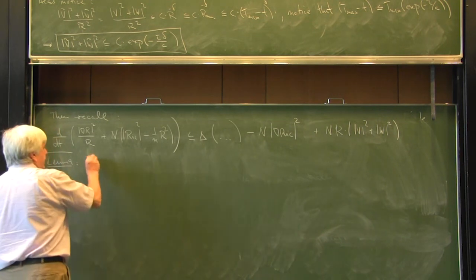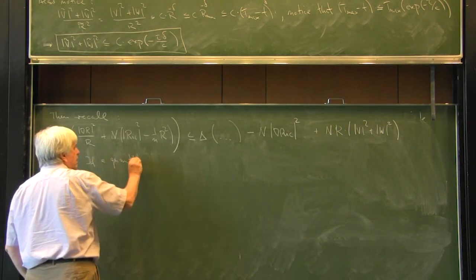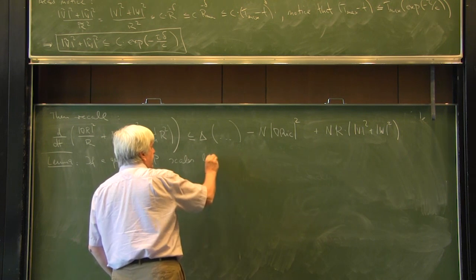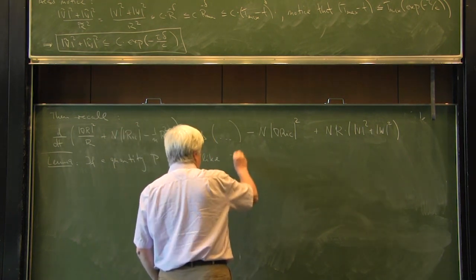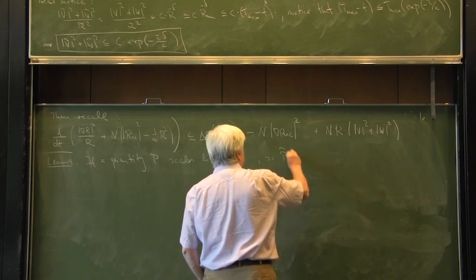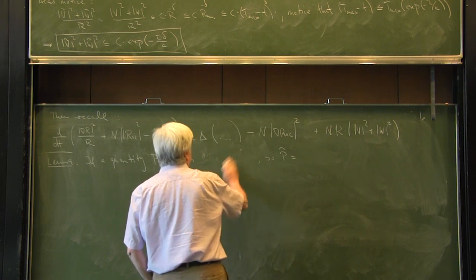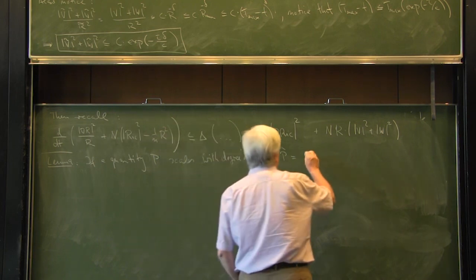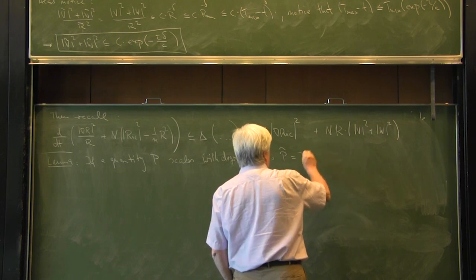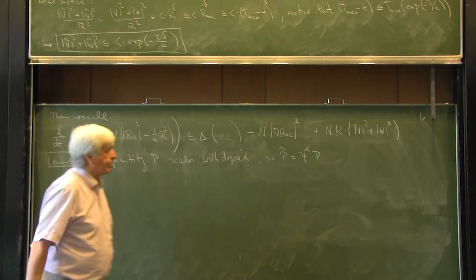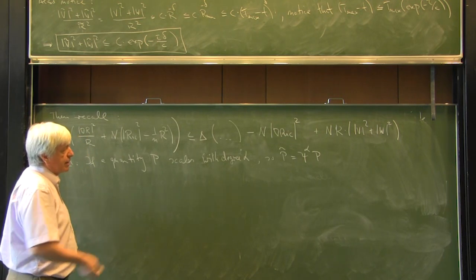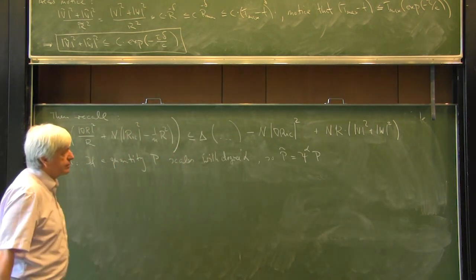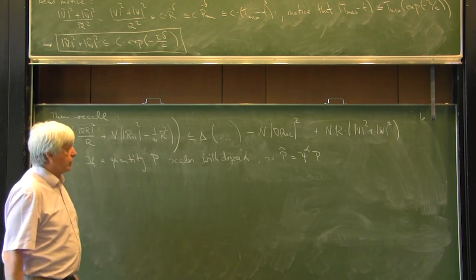So if a quantity P scales with degree alpha, so P tilde is equal to psi to the alpha times P. For example, the metric scales with degree 1, the curvature scales with degree minus 1, the volume form scales with degree n over 2, and so on.